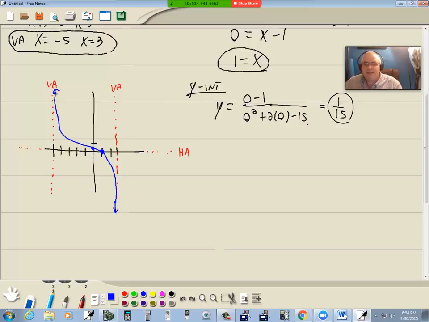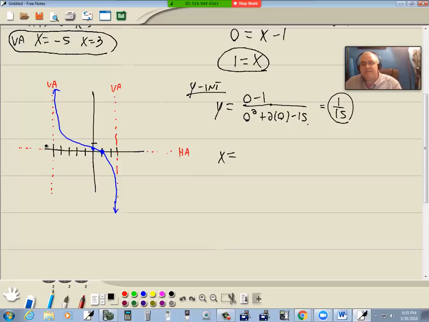So when I say skimming, it's coming real close to it, but never touching and never crossing it, just continuing forever. Now over here, the question is whether it's up here or whether it's down here. Once you get comfortable with graphing a few of these, I'm pretty sure it's down here. But the only way to know for sure is to plug in an x value.